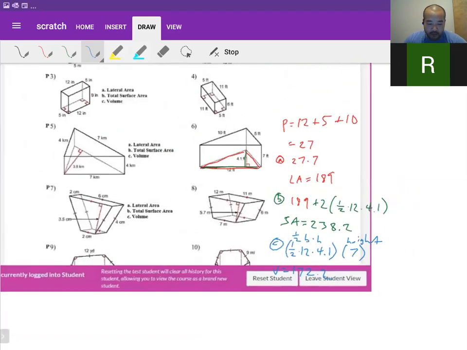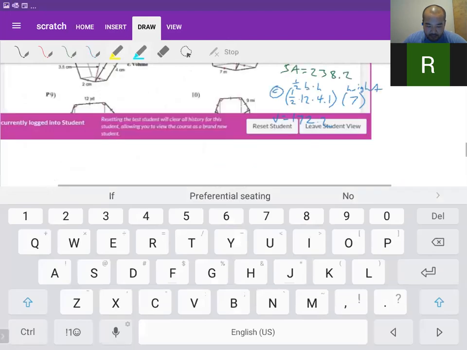Okay, so the other one was the radius versus the diameter.